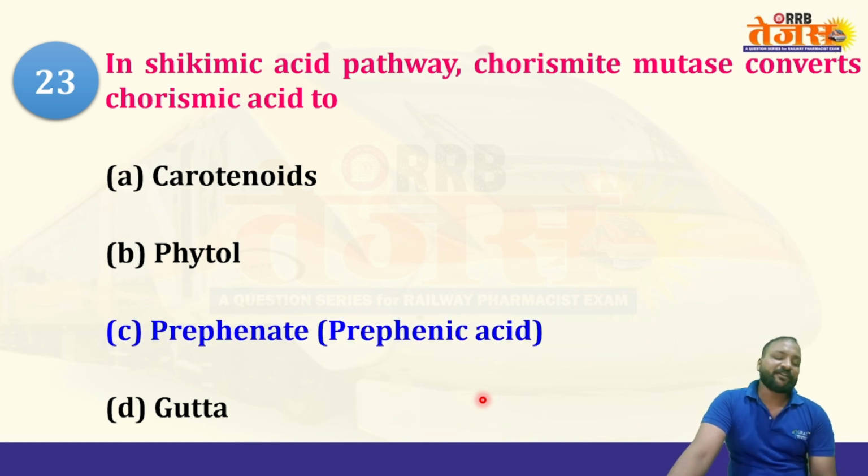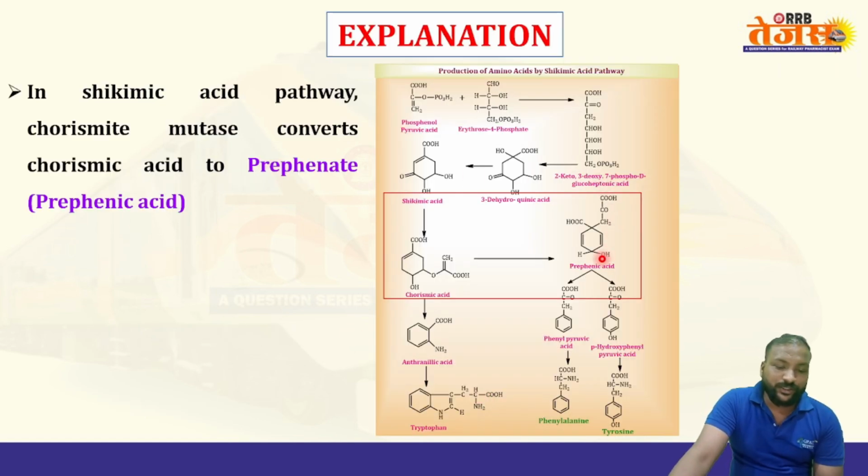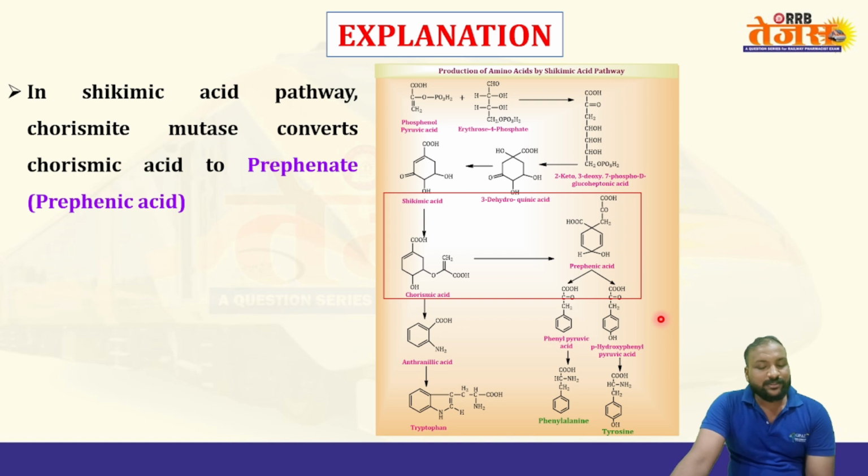We'll see the right answer: prephenate. Here you can see prephenic acid. From shikimic acid, chorismic acid is synthesized. From chorismic acid, chorismate mutase can synthesize prephenic acid. From this, phenylpyruvic acid and p-hydroxyphenylpyruvic acid are synthesized, and then phenylalanine and tyrosine are synthesized.